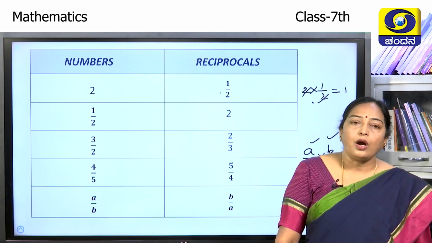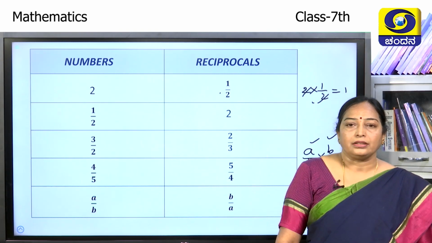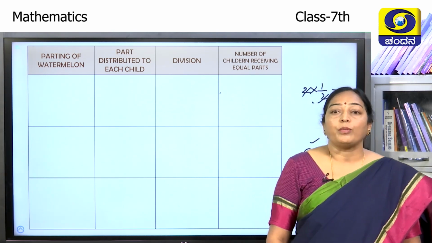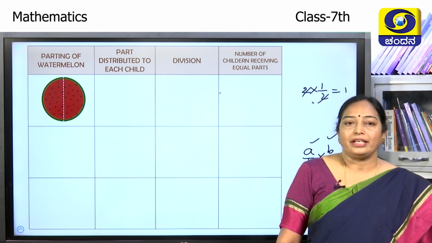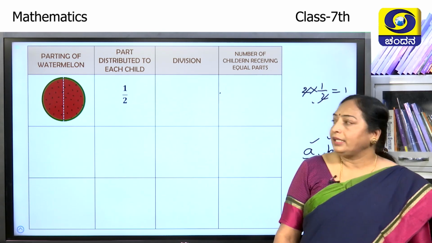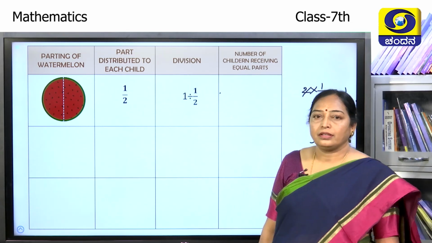Let us learn how to divide whole numbers by a fraction. Let us consider a watermelon divided among children, so that each child gets a half part.